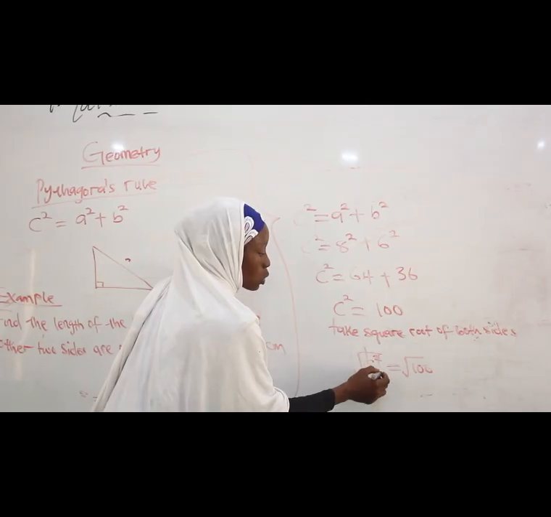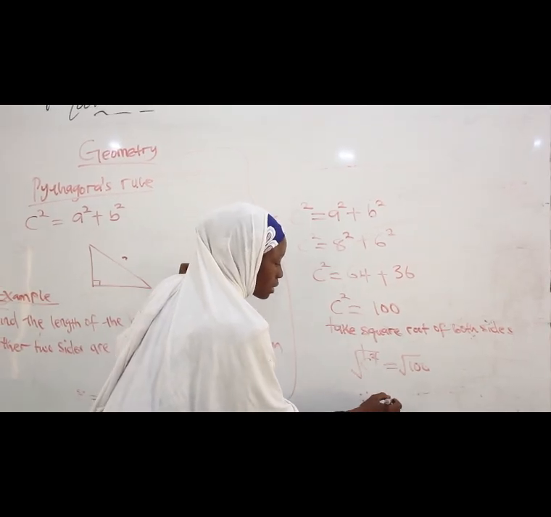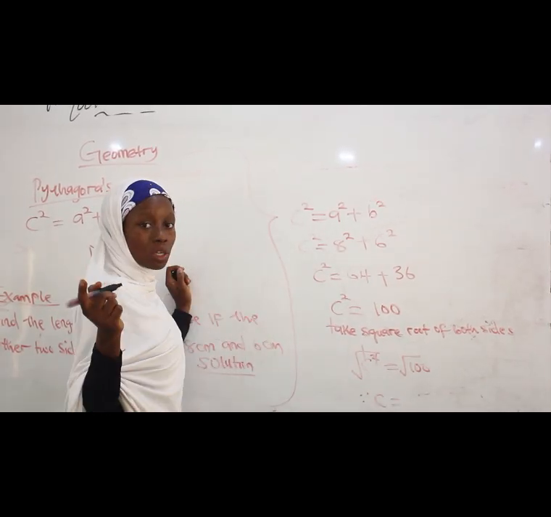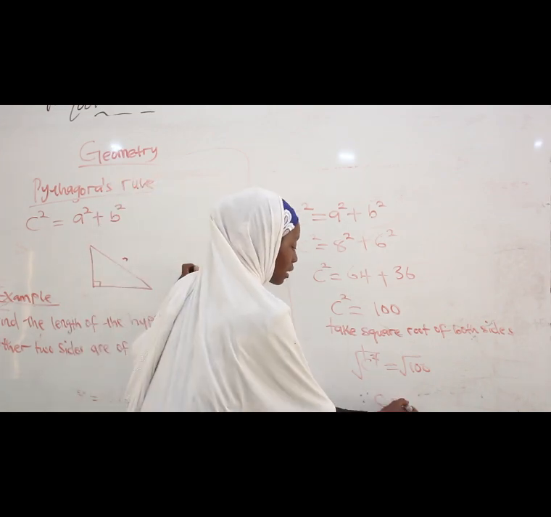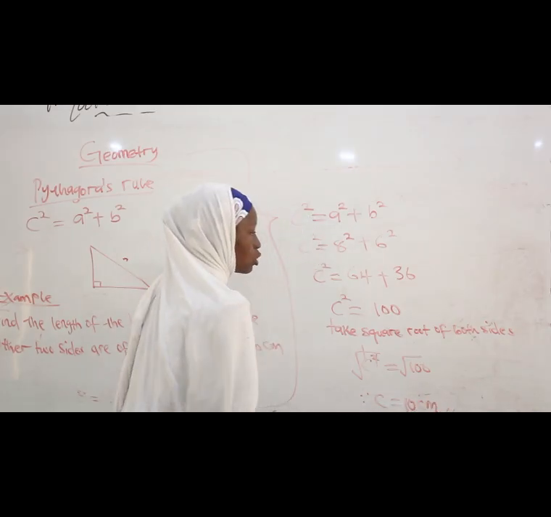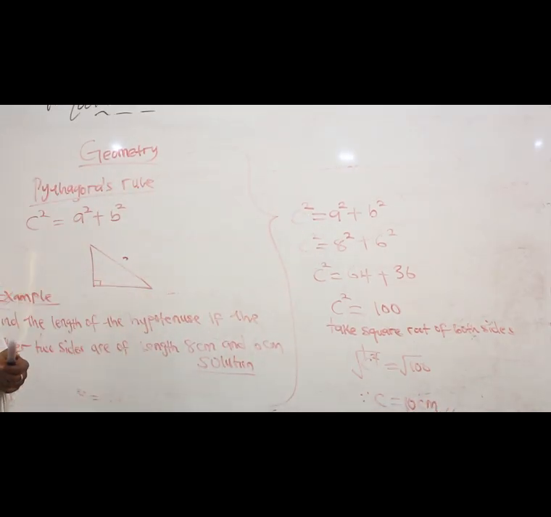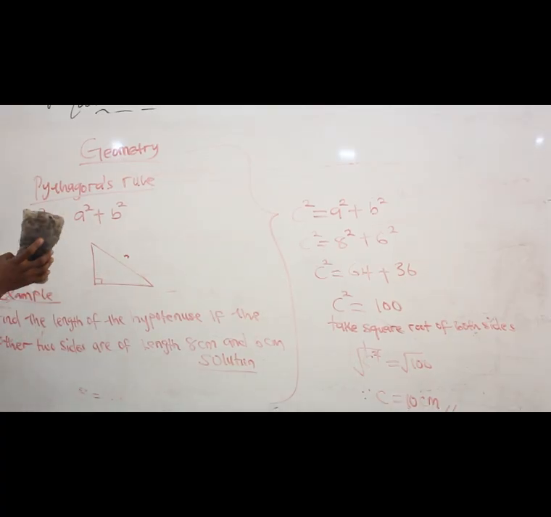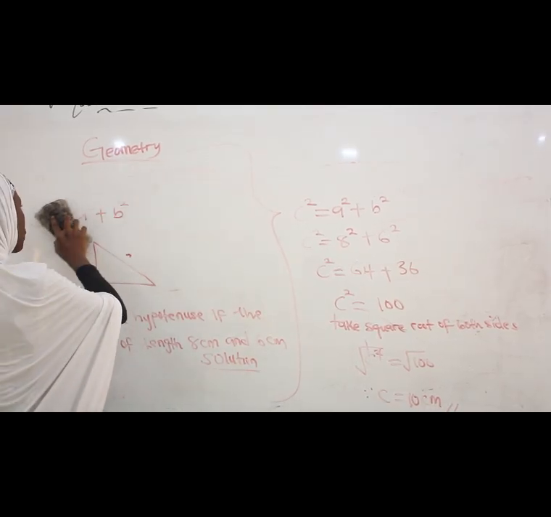So your square root is going to cancel the square. Therefore, c is equal to the square root of 100, which is 10. So the length of the hypotenuse is 10 centimeters. And that will be all under geometry.